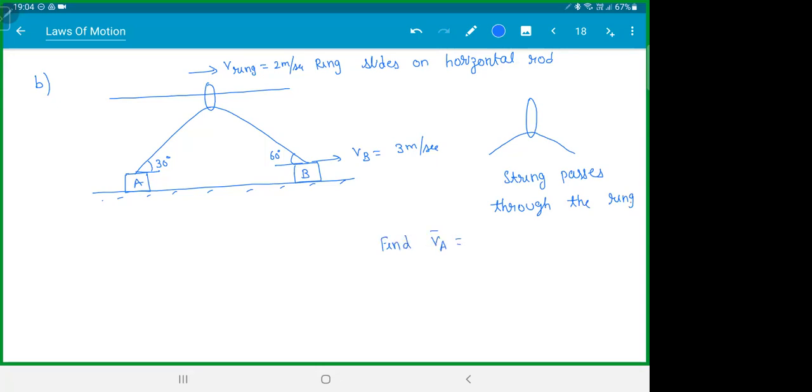Find VA. You're getting told now there are total 3 things moving. A is moving, B is moving, ring is moving. Find VA at this instant. This is a better version of the previous question.